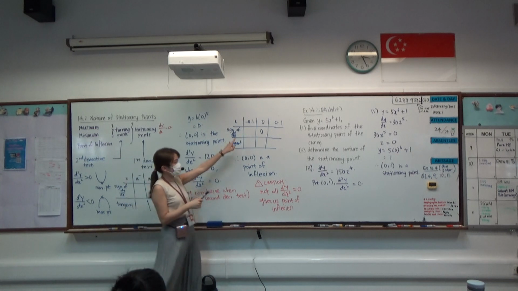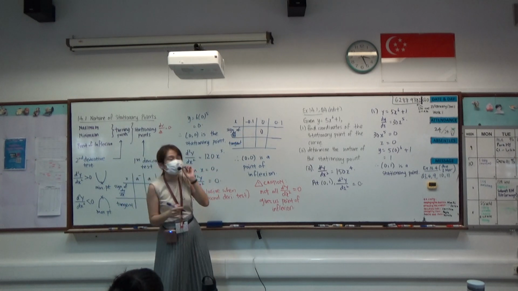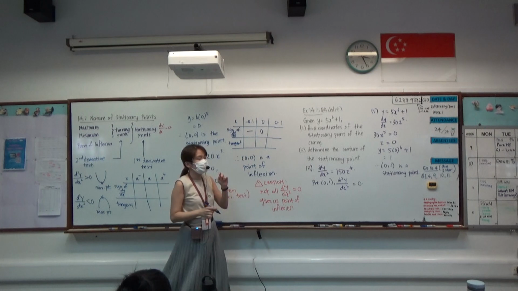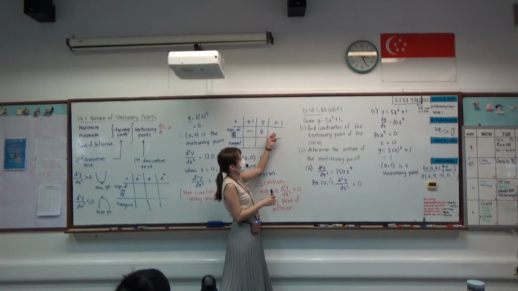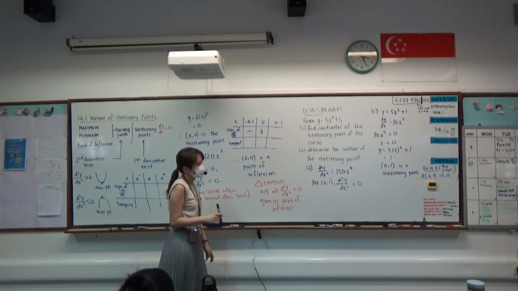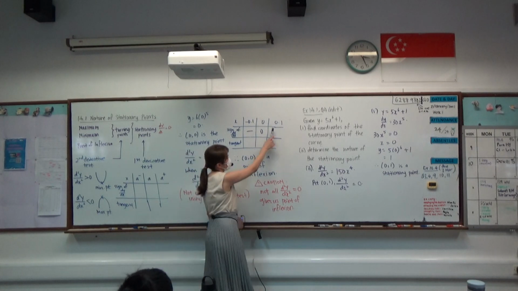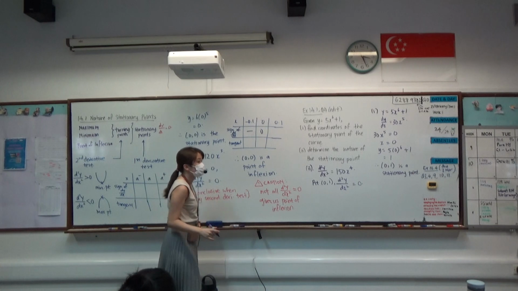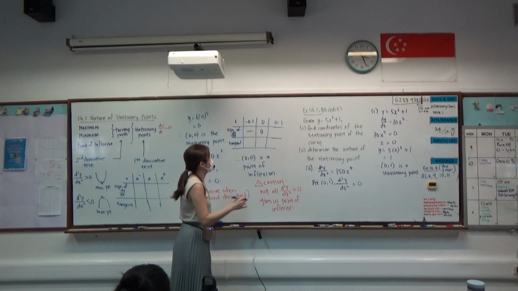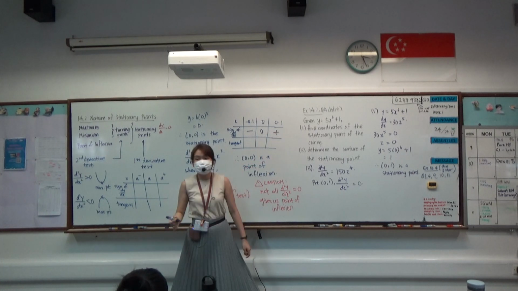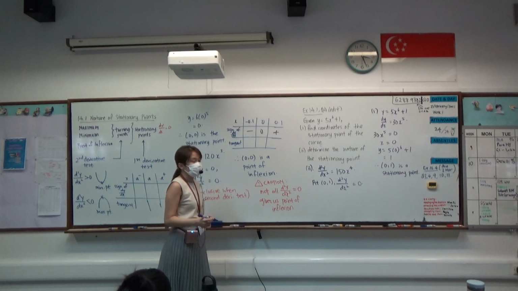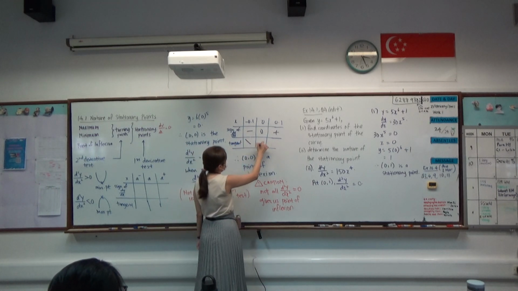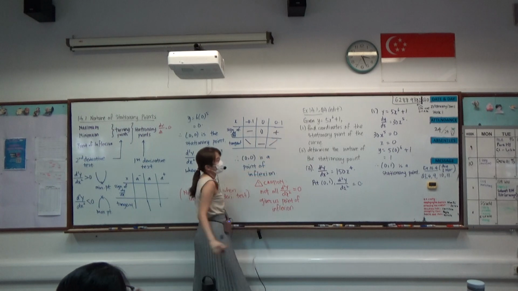Negative, okay. And then if it is a positive 0.1, Joseph, can you tell me what is this? If it is a positive 0.1 into my dy over dx, what do I get? Positive. Okay, so we get a positive number.